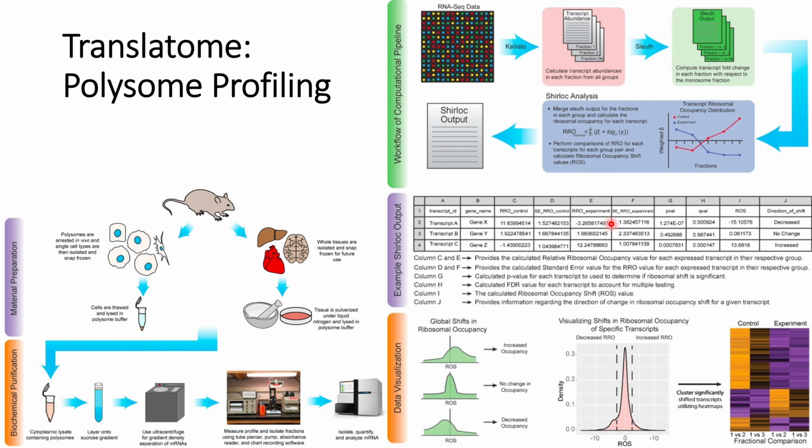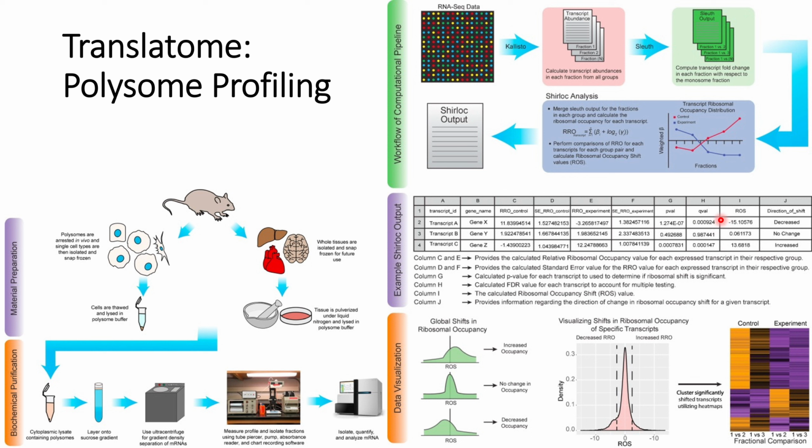Later on, this RRO from the experiment is identified, and its error value is shown here in column F. And then in order to account for its significance, the p value has been calculated through this test, and then the false discovery rate has been calculated through this q value.